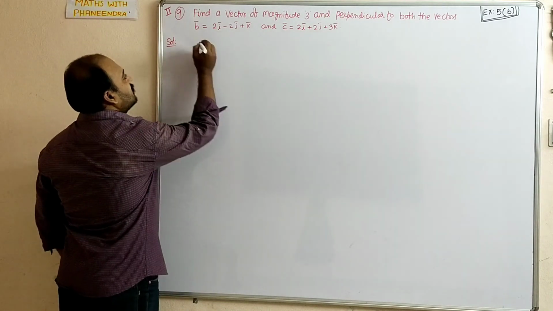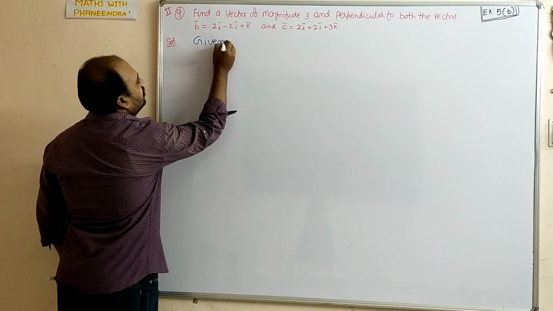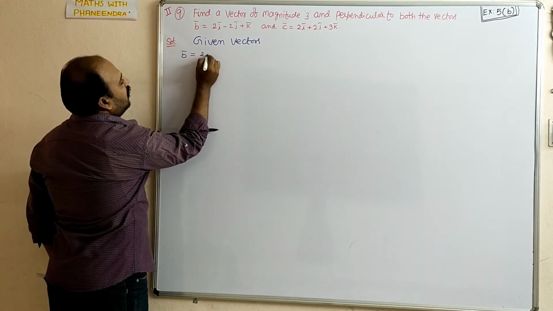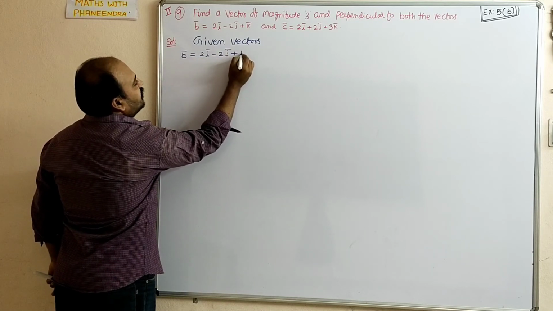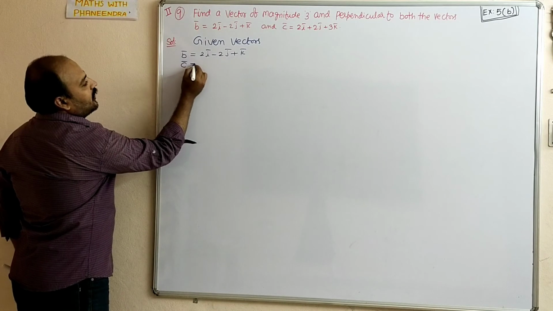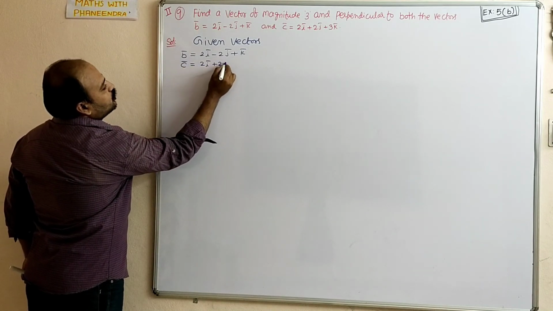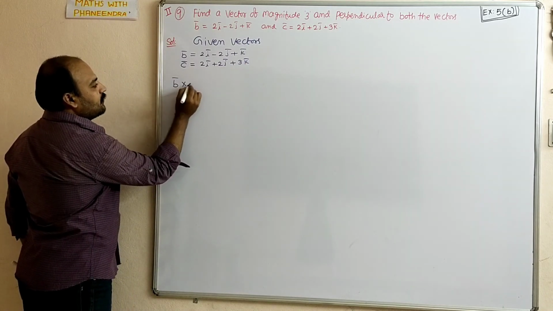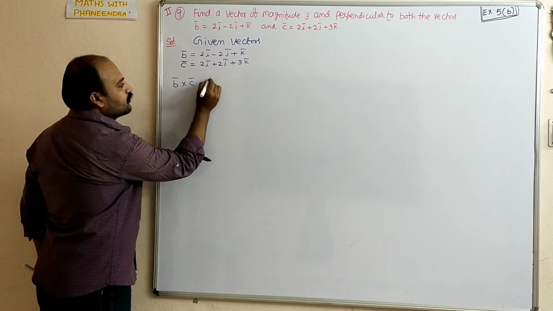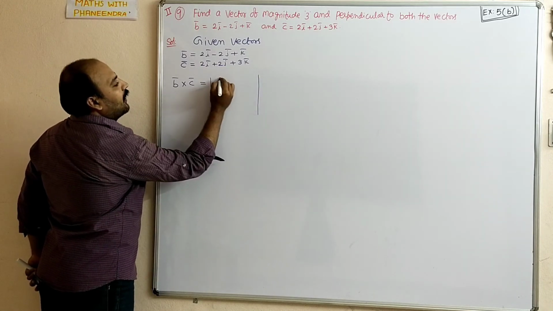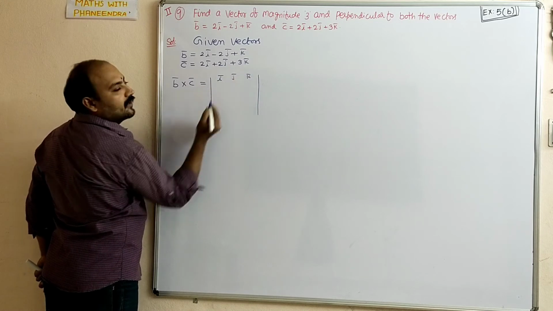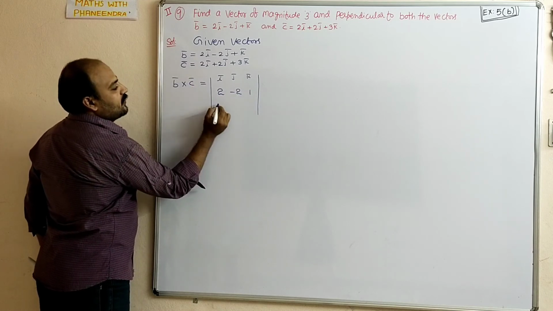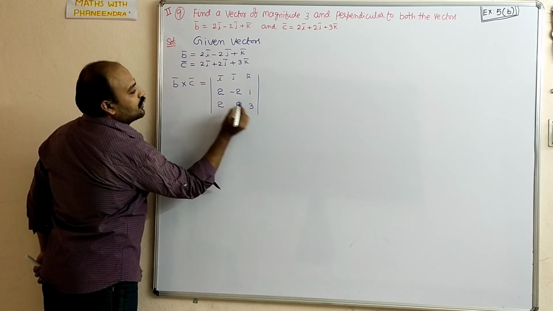First step, given vectors b bar equal to 2i minus 2j plus k and c bar equal to 2i plus 2j plus 3k. Now the cross product of b bar and c bar, b bar cross c bar equal to determinant of i, j and k; b bar components 2, minus 2, 1 and c bar components 2, 2, 3.